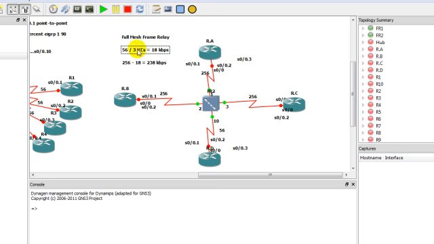So look at this. This is the point-to-point sub-interfaces. This is the bandwidth of point-to-point sub-interfaces, and this is the bandwidth of multi-point sub-interfaces.